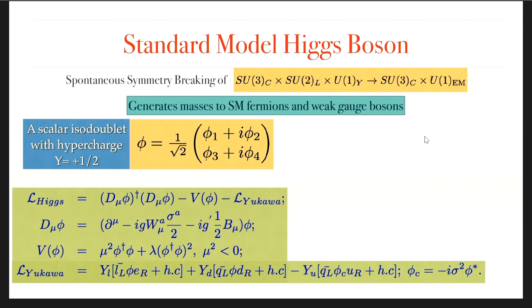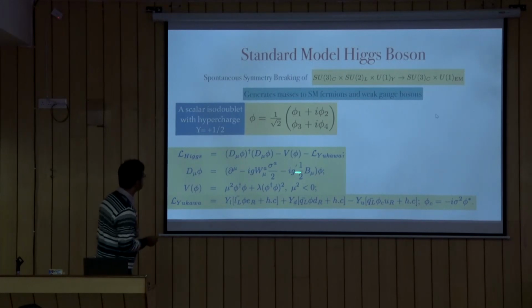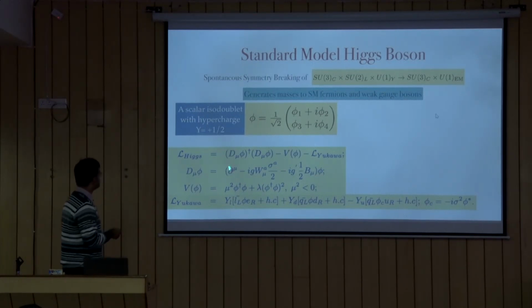And you remember, this is the Lagrangian that we talked about, which includes the scalar potential involving this field in a gauge invariant way. The parent symmetry is still SU(3)_C × SU(2)_L × U(1)_Y. By the way, SU(3)_C doesn't matter much here because the Higgs transforms only under SU(2)_L × U(1)_Y.